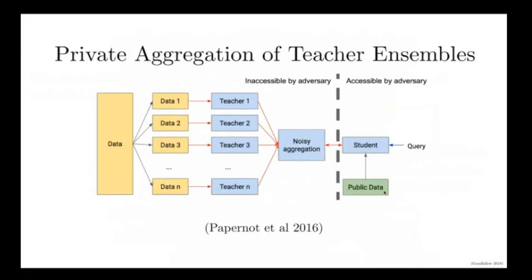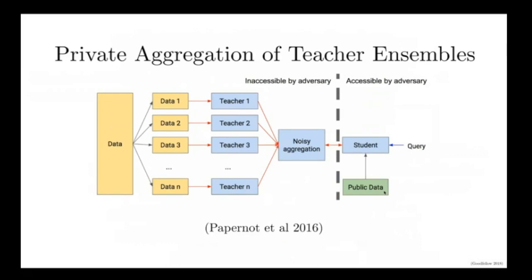One of the techniques that we developed at Google is called private aggregation of teacher ensembles. The basic idea is to partition the data into different subsets and train a different teacher network to model each of these subsets of the training data. Because no individual example appears in more than one of these subsets, each teacher network is learning completely independently how to solve the problem.